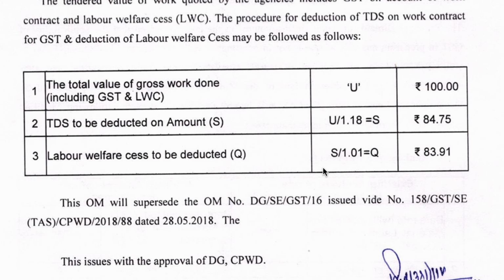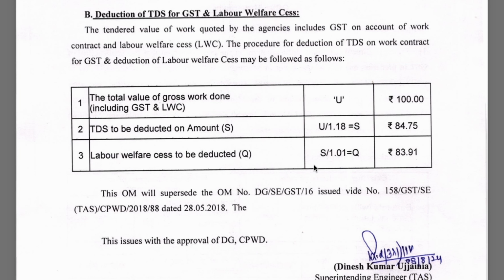After getting that answer, labor welfare fund of 1.01% should also be deducted from it, as TDS deduction is not for labor welfare fund. Then 2% GST can be deducted by the CPWD authorities based on the project. So they have given these two updates in this GST order, and this is how it will affect contractors.